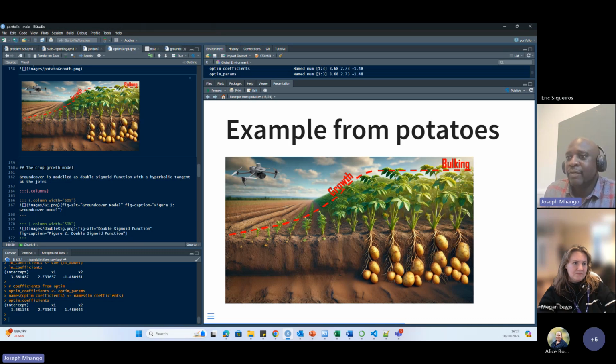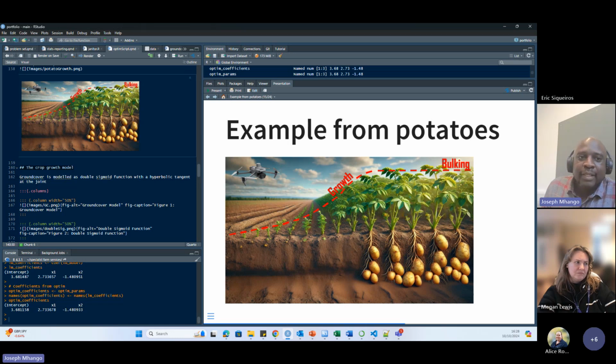So most potato growers want to know how fast their potato is growing, the day on which it's likely to reach its maximum ground cover, its maximum height, and the day on which it's likely to start drying. Therefore, they can plan their harvest. It's very important, and that's one of the reasons why drones are being used in potatoes a lot, to sort of track how potatoes are growing and then predict how they're going to perform in the future based on that.